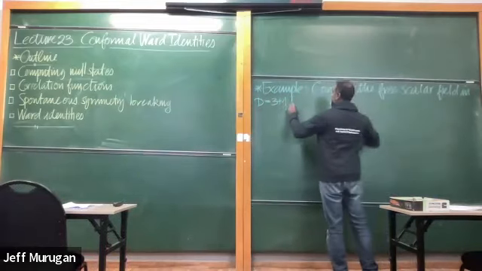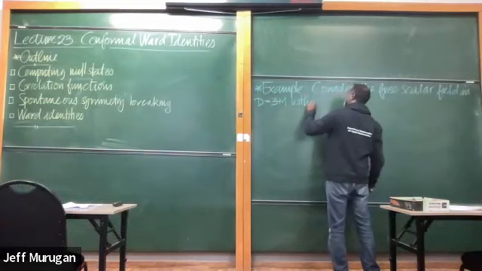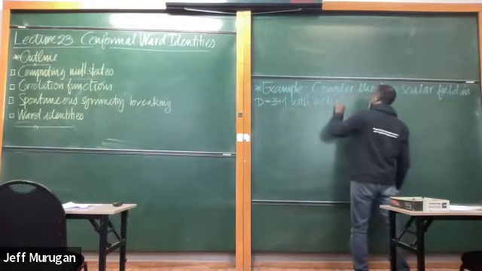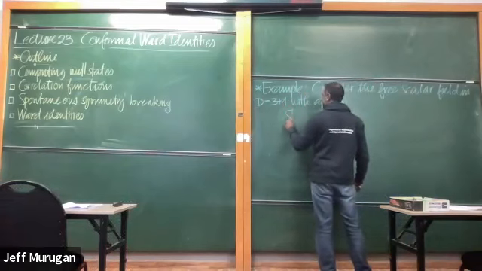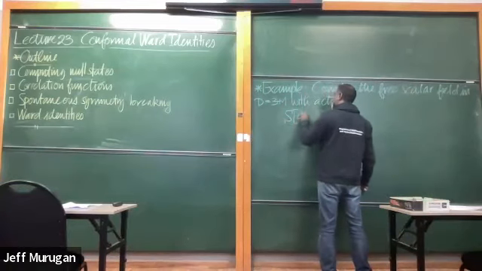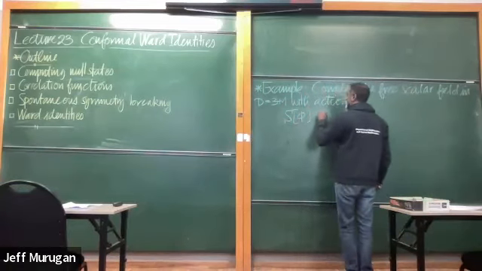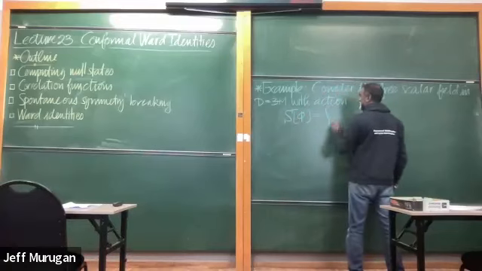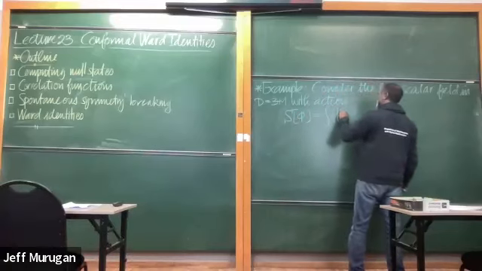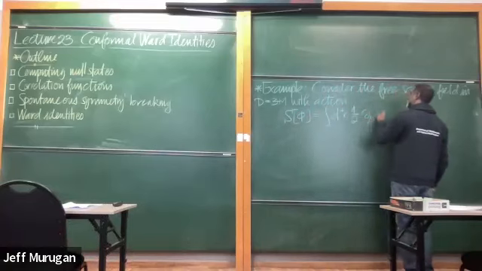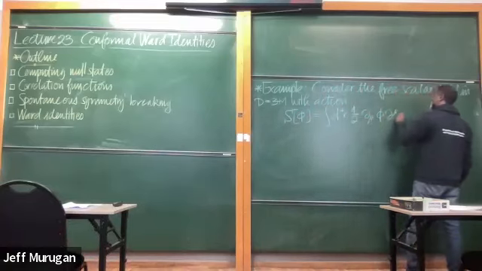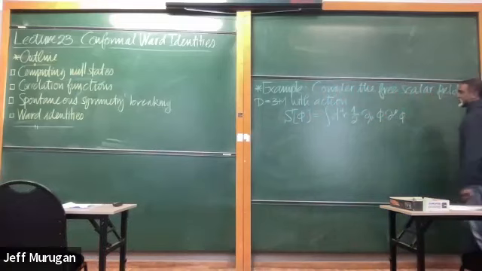So this thing is defined by an action. The action is simply a functional of phi: the integral d^4x of a half d_mu phi d^mu phi.